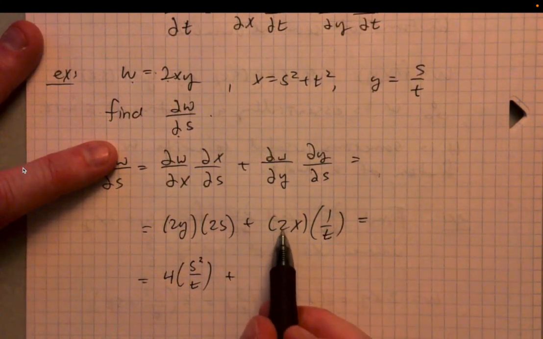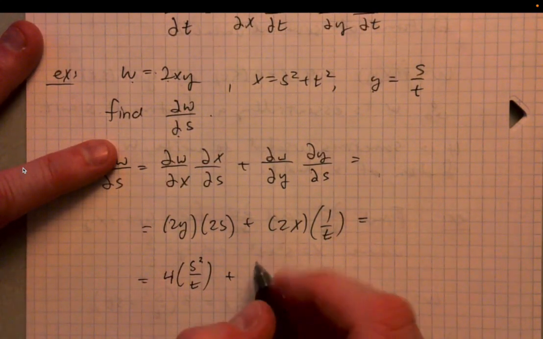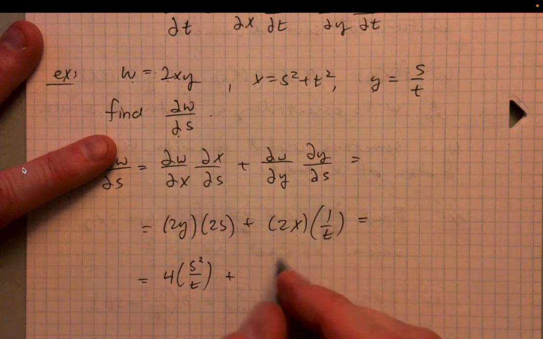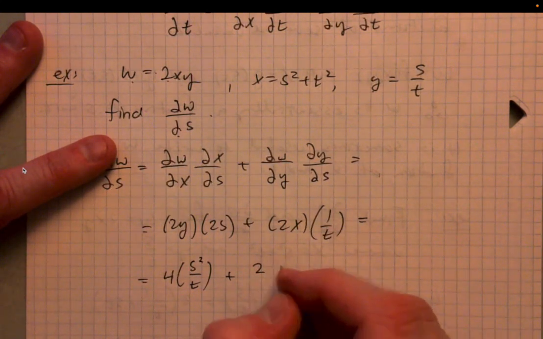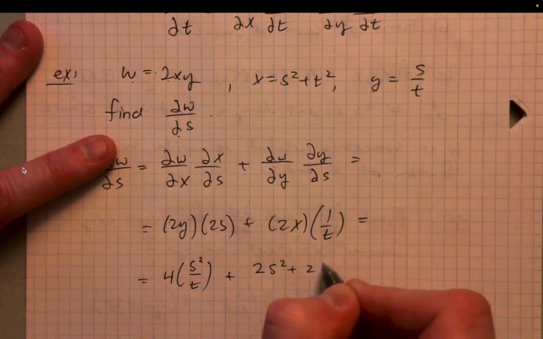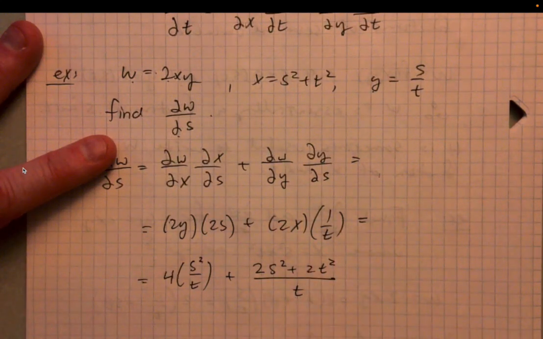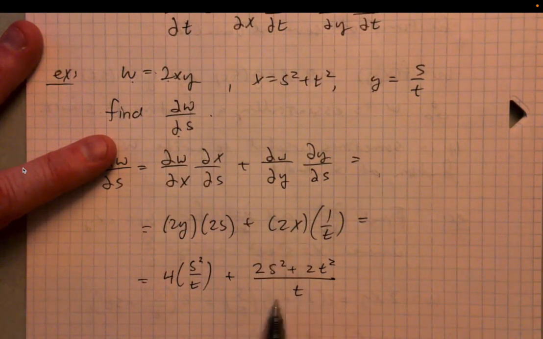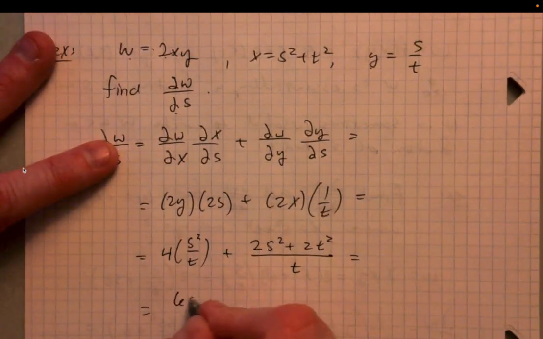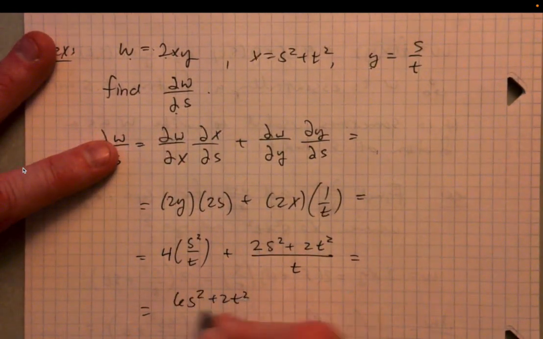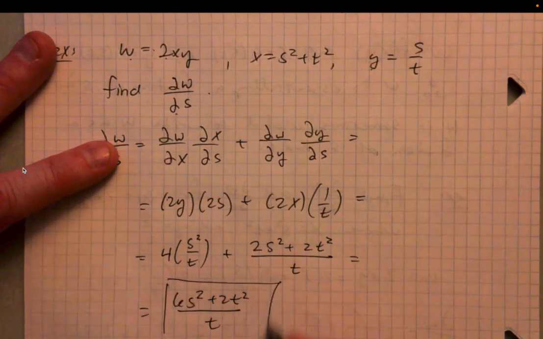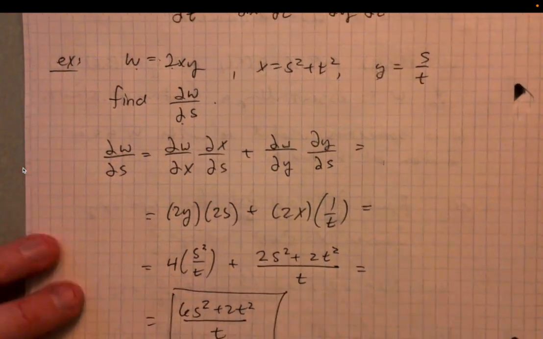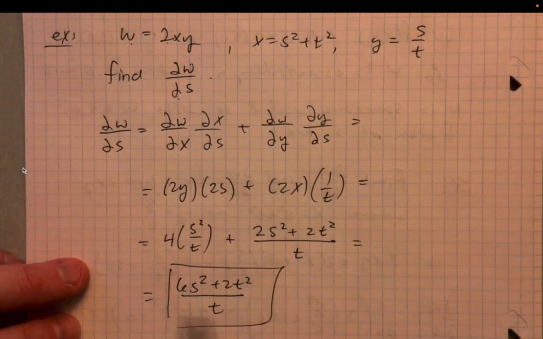And then this guy here is 2 times, let's see, yeah, so this would be just 2s squared plus 2t squared all over t. Again, just s squared plus t squared getting plugged in there, and then the 2 gets distributed, and the 1 over t is in the denominator. And so this is 6s squared plus 2t squared all over t. Right, and so that's going to be the same answer as what we saw previously.